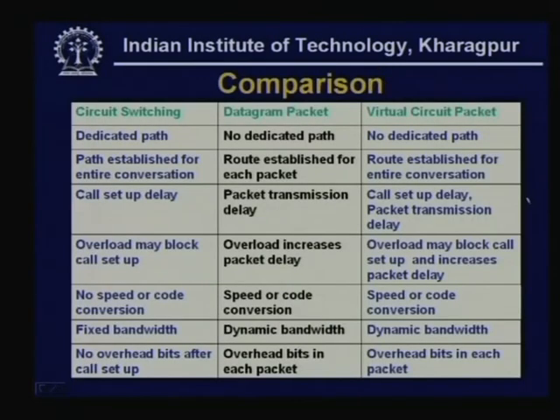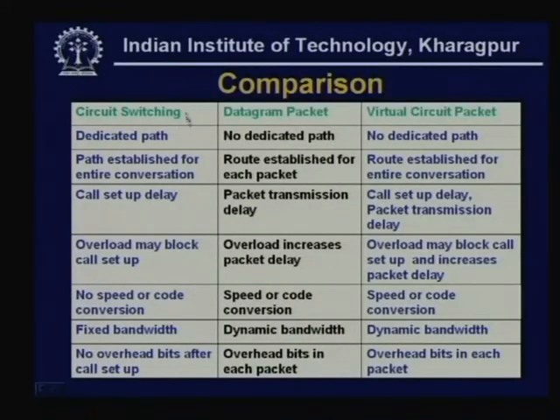Now, we have come to the conclusion part of the lecture, where we are comparing the 3 techniques: circuit switching, datagram packet switching and virtual circuit packet switching, because these 3 techniques have emerged as the key techniques used in switched communication networks.